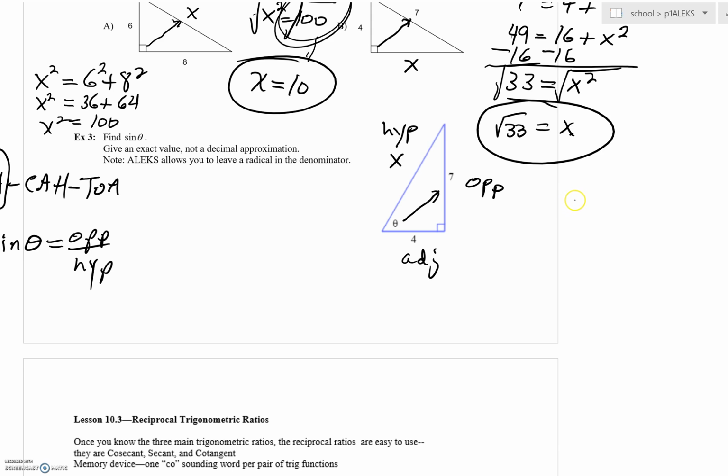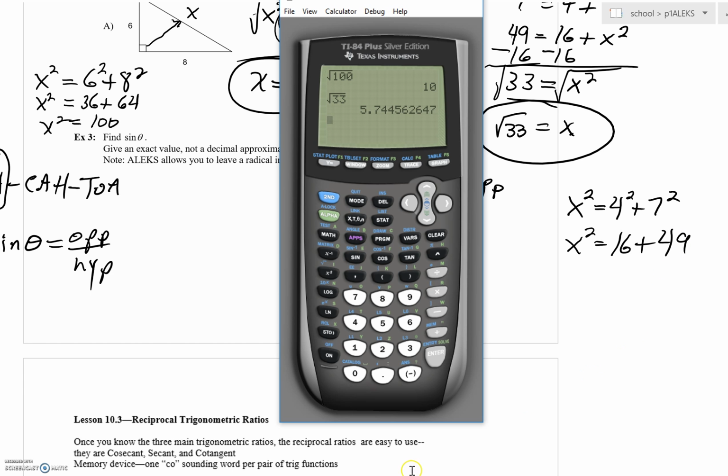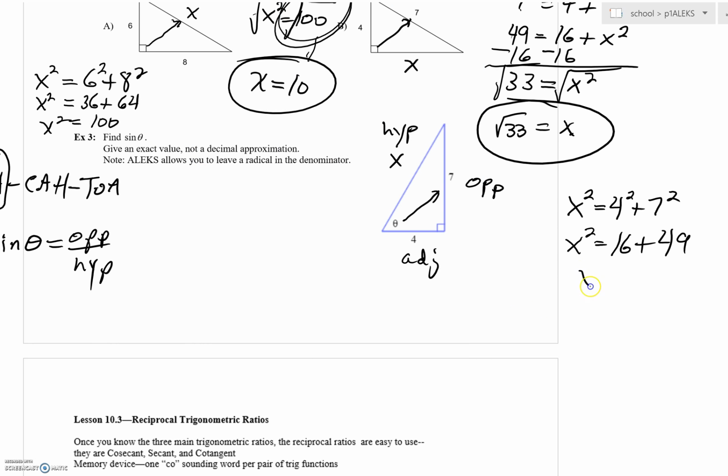So I'm going to do the Pythagorean theorem. I'm going to write x squared equals 4 squared plus 7 squared. 4 squared is 16. 7 squared is 49. And from here, we can go 16 plus 49, and you can say it's 65.